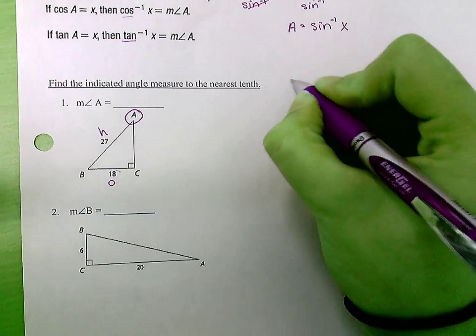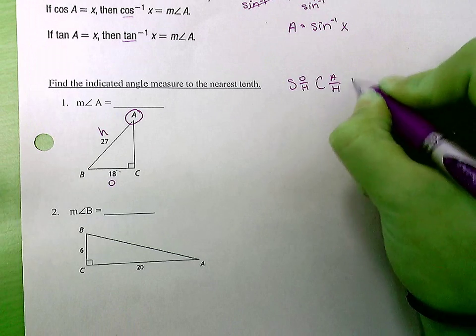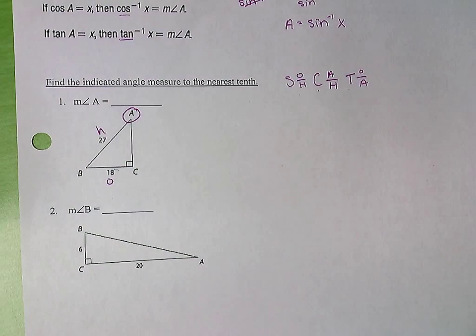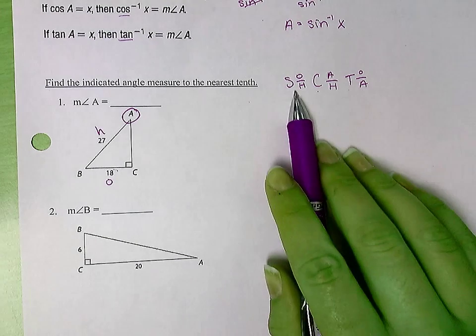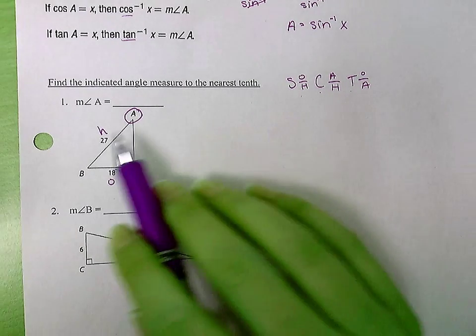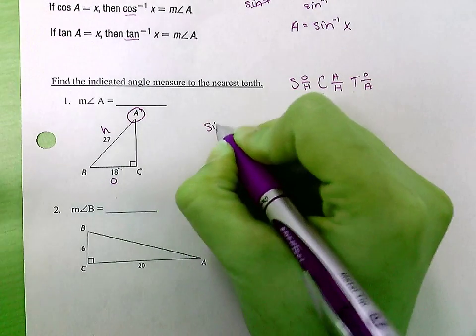Now remember we were using SOHCAHTOA before, so we knew which one of those three trig ratios to use: sine, cosine, or tangent. Given this triangle, I have O and H. Which one am I going to use? Sine. I'm going to take the sine.